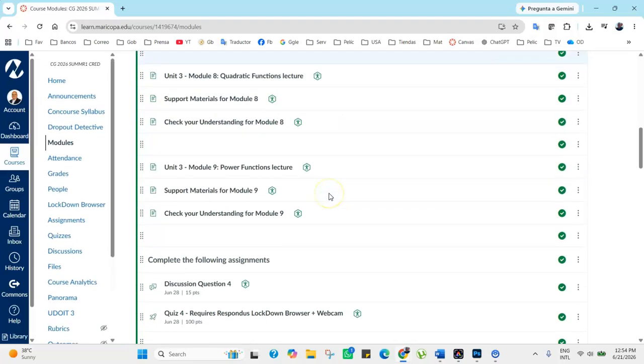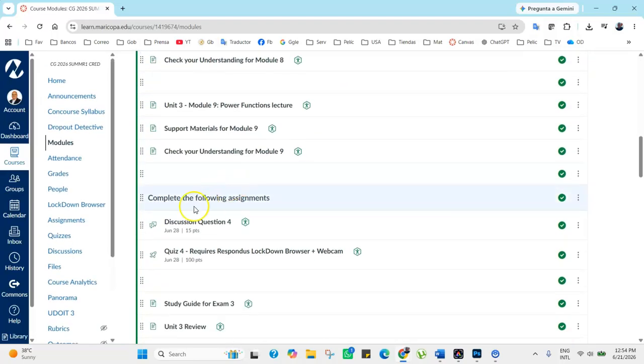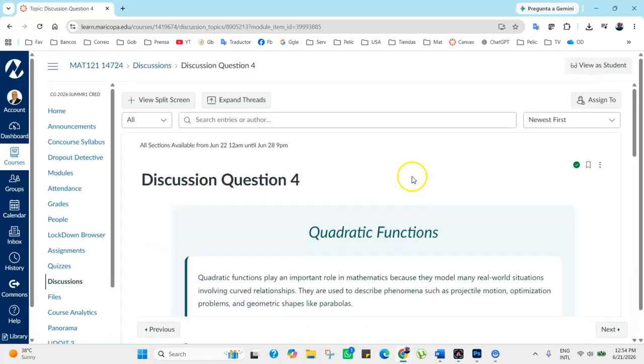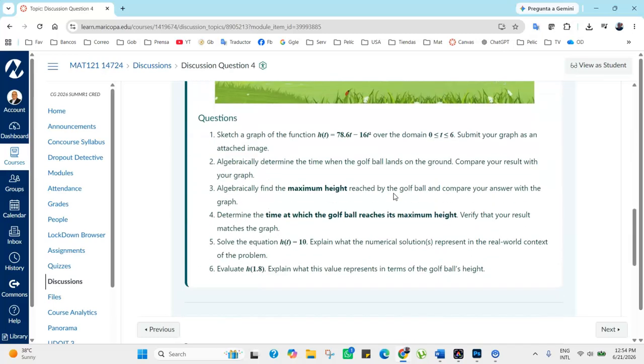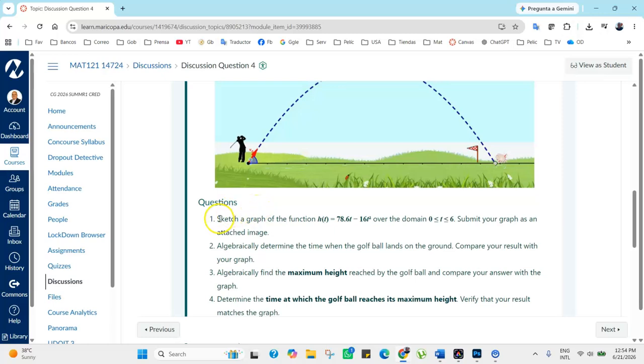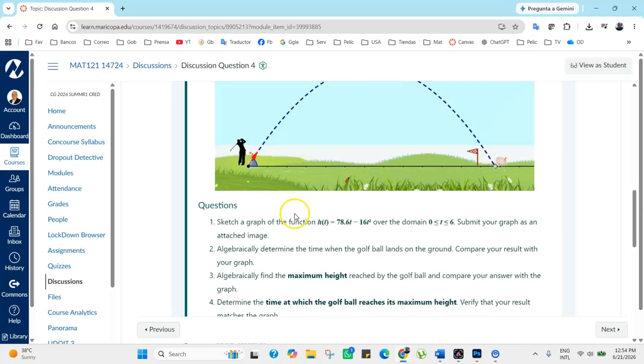And then, of course, you will have the discussion questions dealing with, in this case, quadratic functions. So you have a problem. You can solve those problems using Desmos, but you must show all your work.